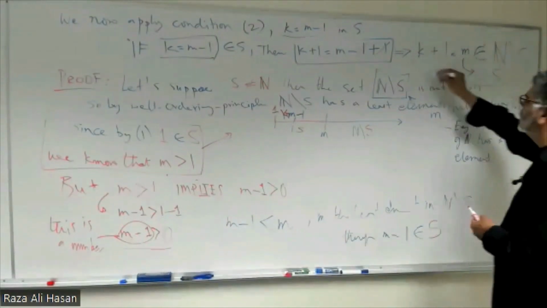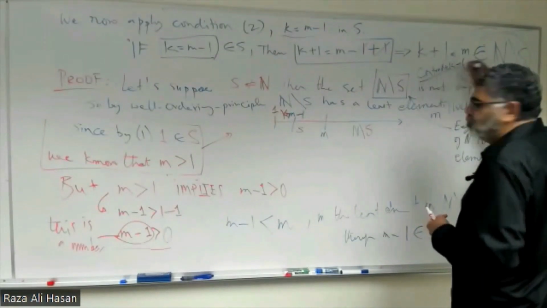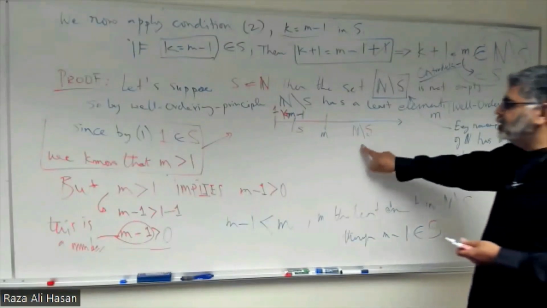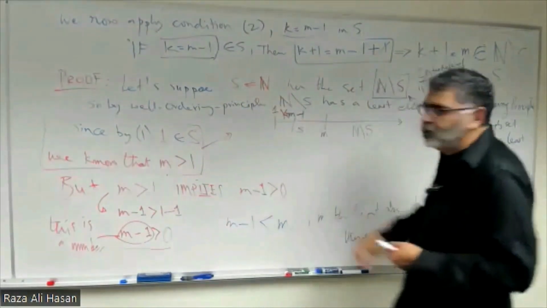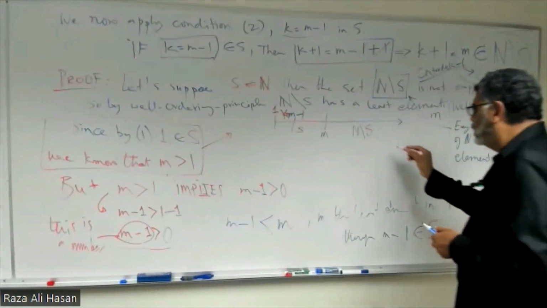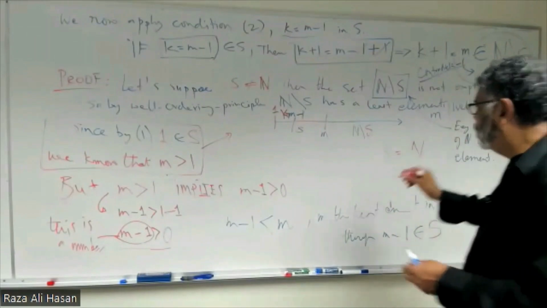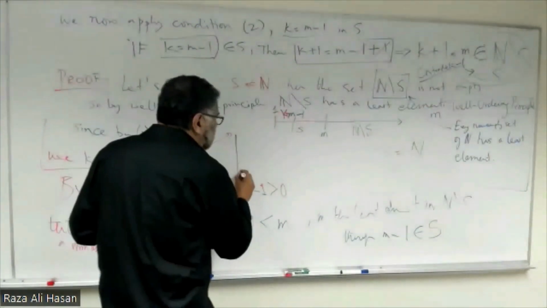So this is what? A contradiction. Therefore, our assumption that S does not equal N was wrong. And in fact, S does. So let's write that, and this will be our last sentence.